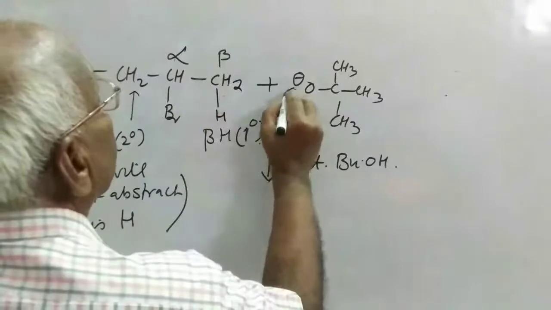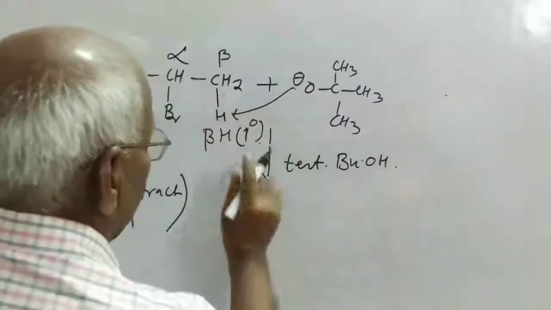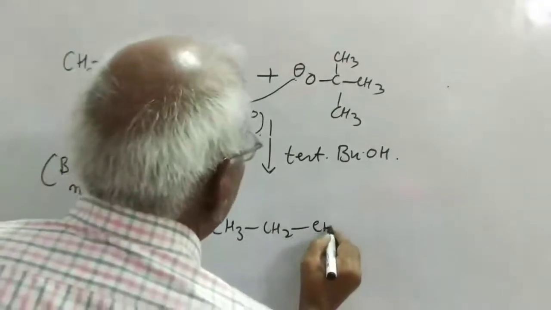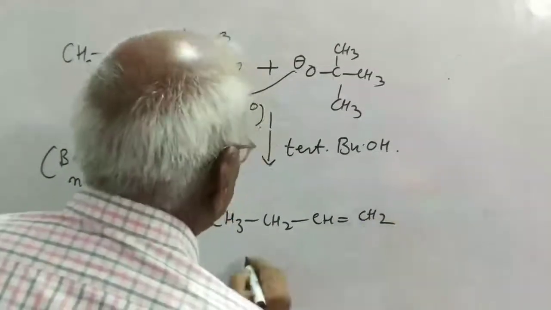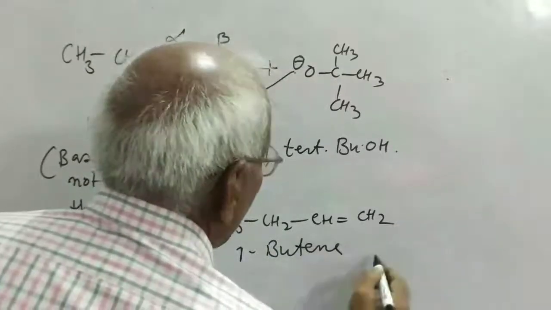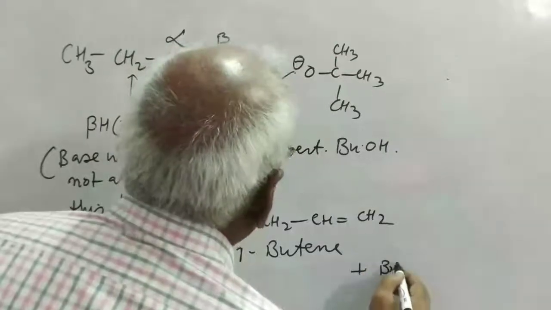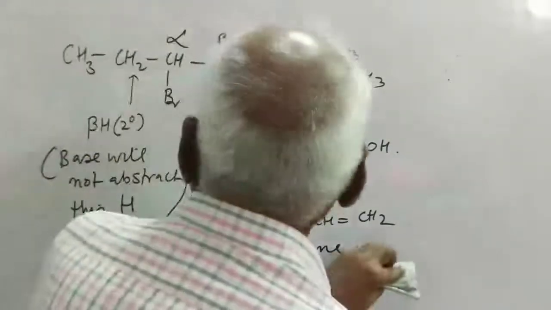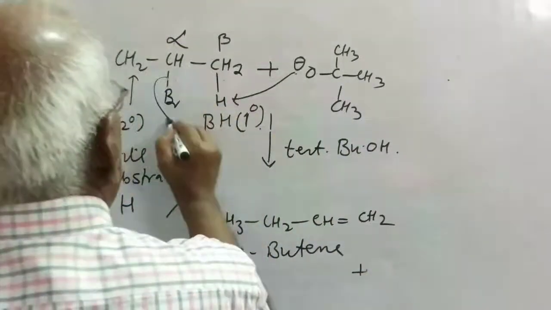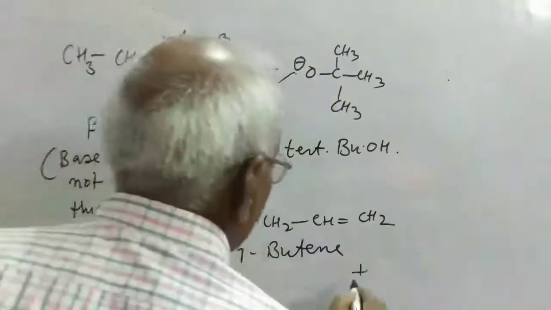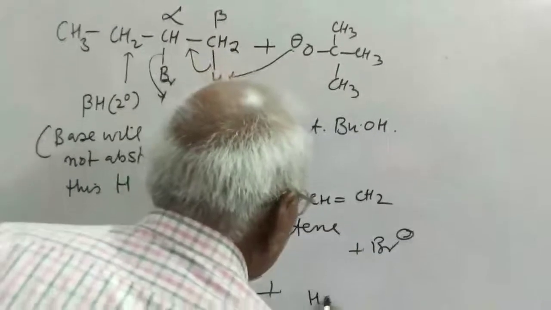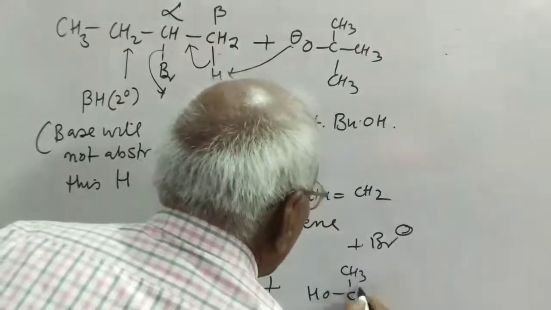So this base abstracts this hydrogen only. So the product will be CH2, CH, only one product, one butene, plus the bromide ion, plus tertiary butyl alcohol.